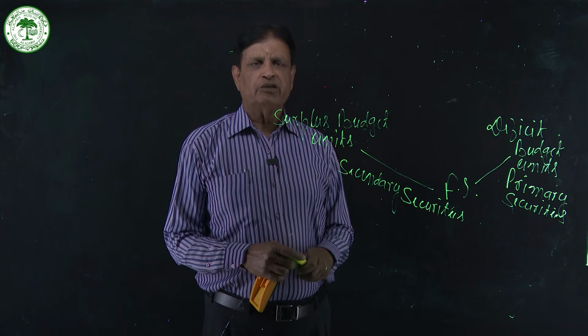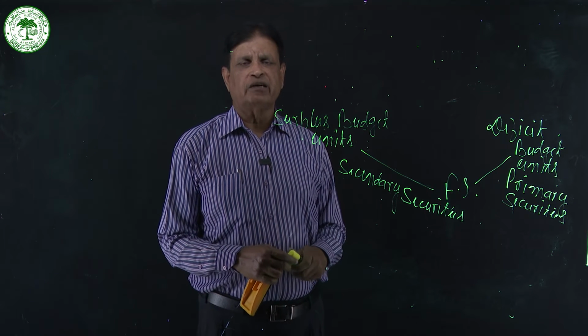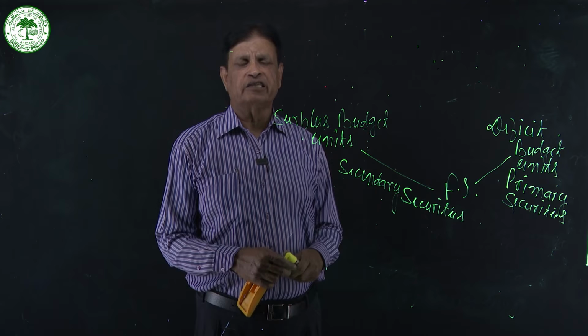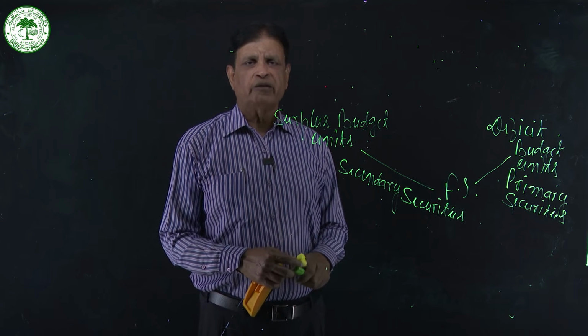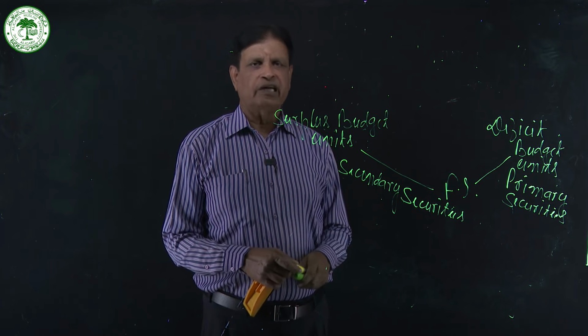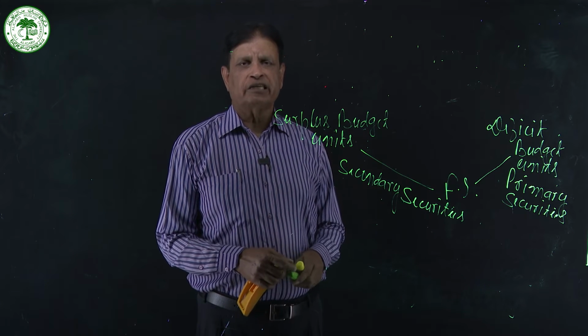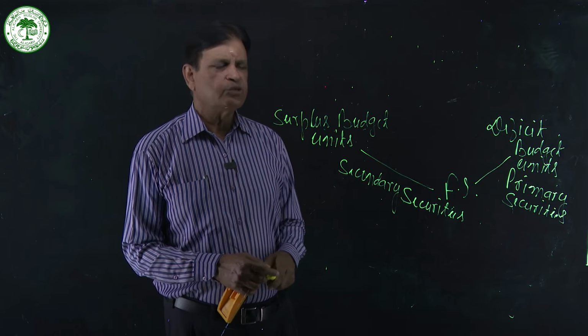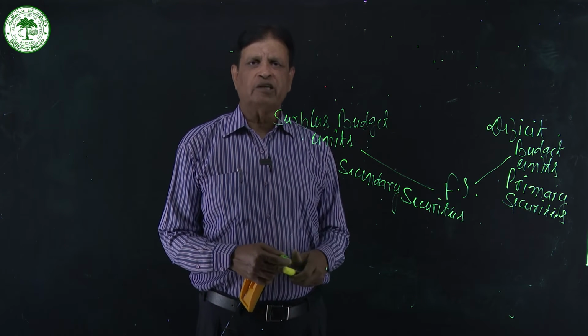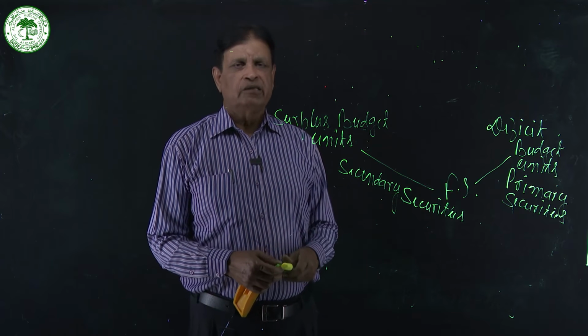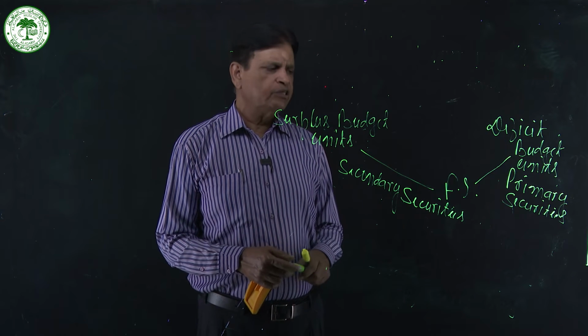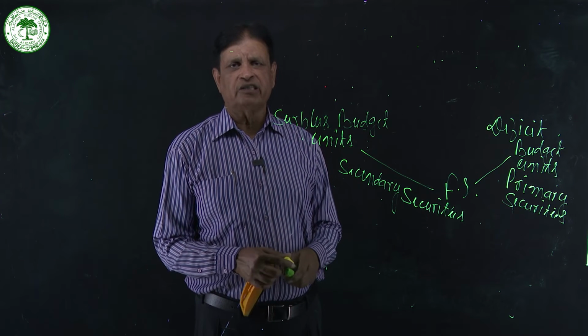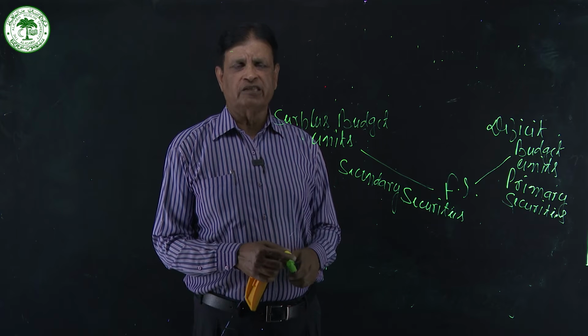The deposits issued by the financial intermediaries are secondary securities, like bonds issued by the financial intermediaries are secondary securities. Similarly, the insurance schemes issued by the financial intermediaries are secondary securities. Similarly, the mutual funds issued by the financial intermediaries are also secondary securities.